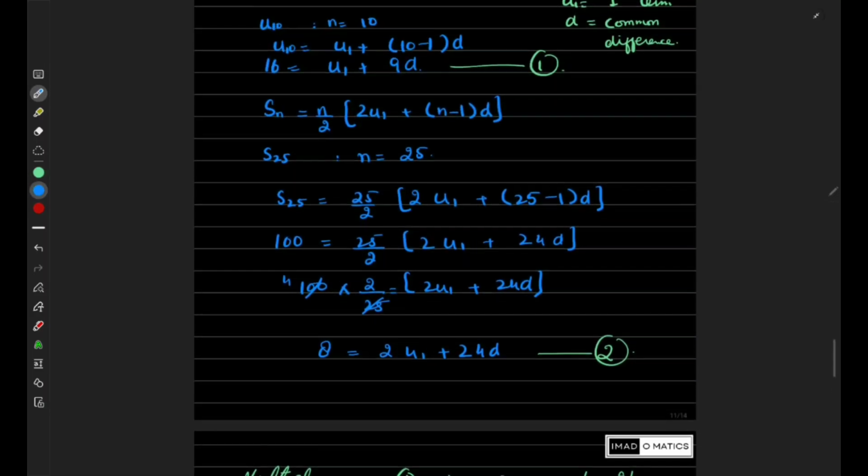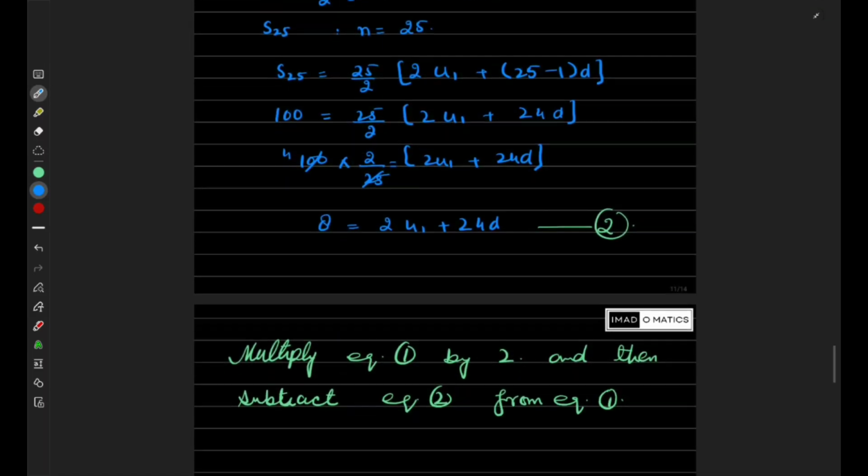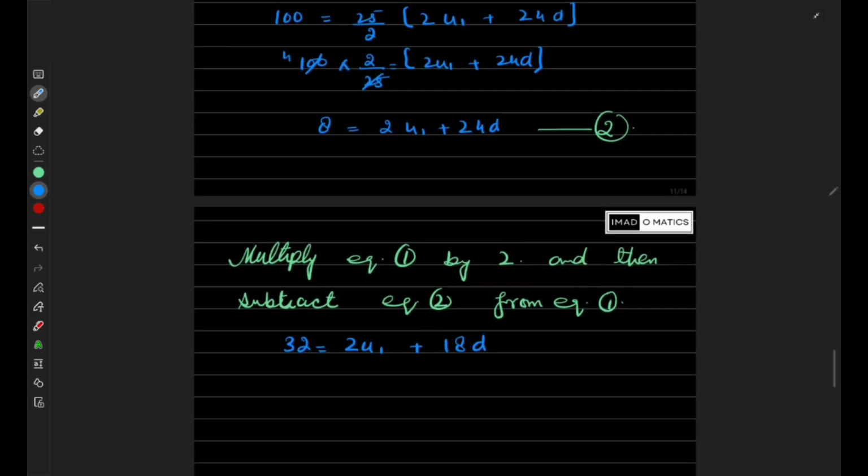Equation 1 is 16 is equal to U1 plus 9d. Multiplying by 2, 32 is equal to 2U1 plus 18d. Okay, this is equation 1 multiplied by 2. Now equation number 2 is this, and now we subtract the equations.